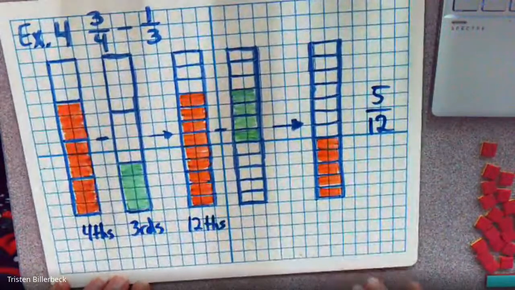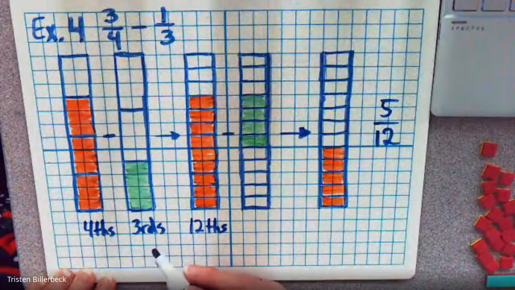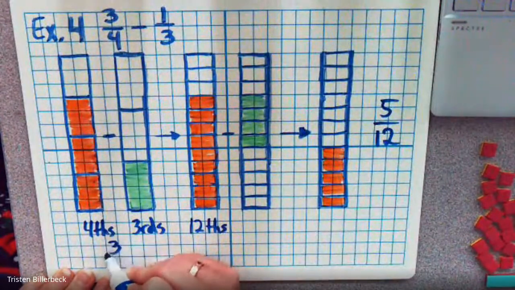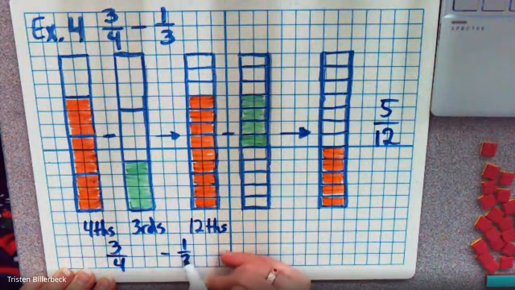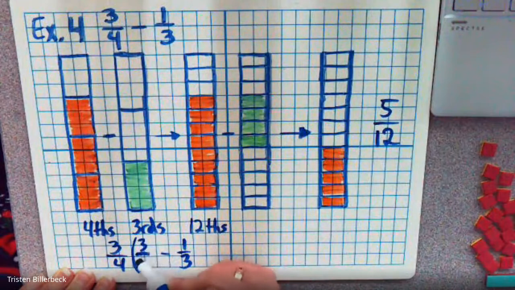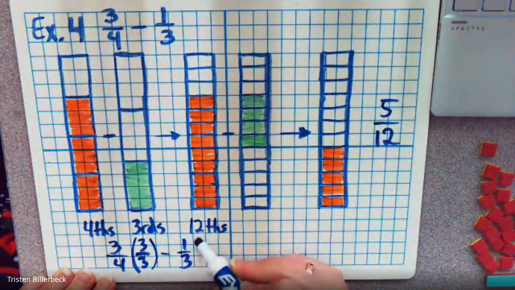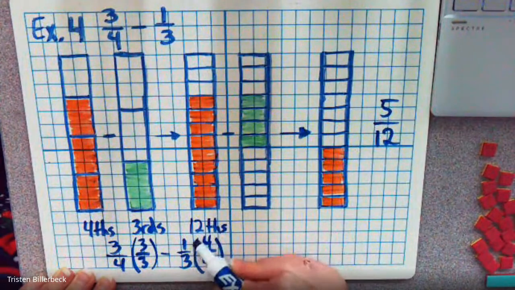Okay, so let's see what that looks like with the fractions. So if I take 3/4 minus 1/3, I multiply this by 3/3, which is just 1, and this one by 4/4, which is just 1.